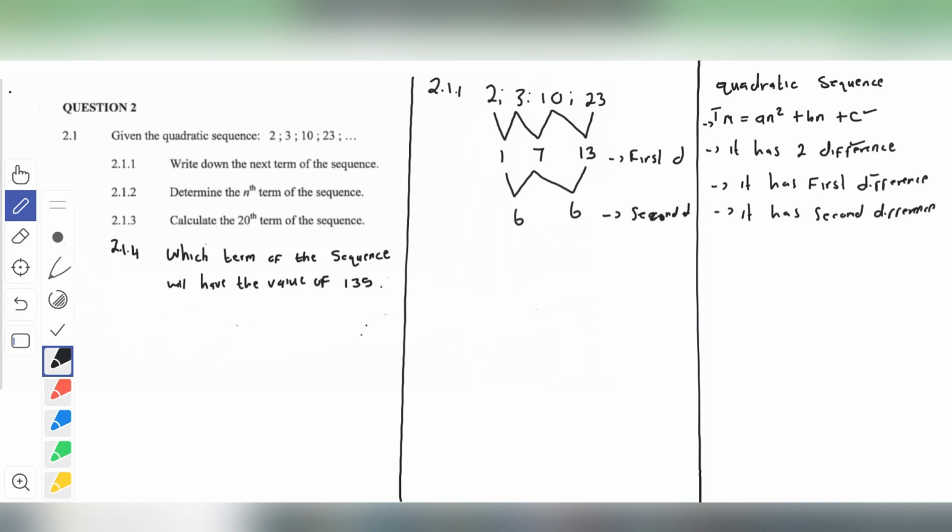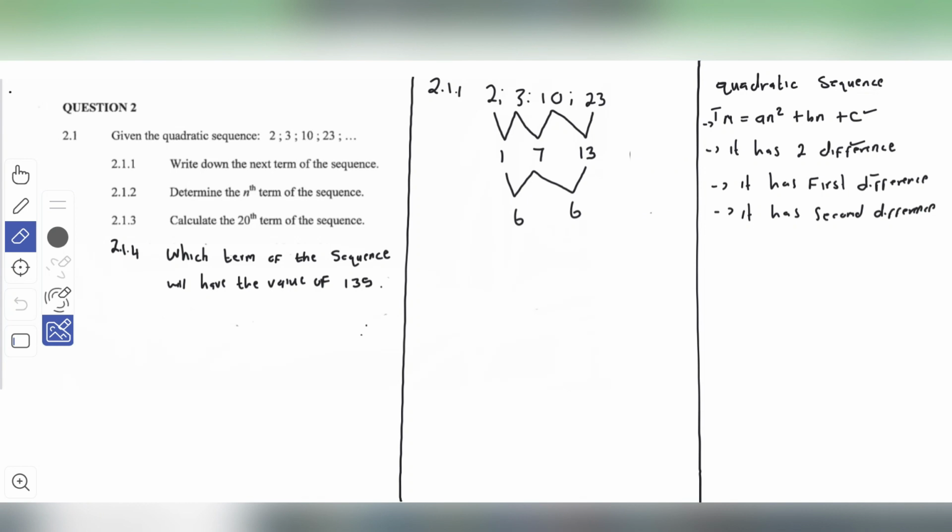So now, how do we find the next term? I'm just going to erase the second difference and the first difference so that we can have space. Okay, now we have something like this.